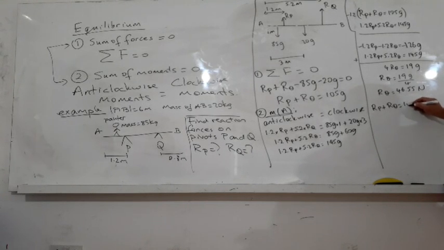We already know the force here, for RQ. RP plus 46.55 is equal to 105 G. RP is equal to 105 G minus 46.55.